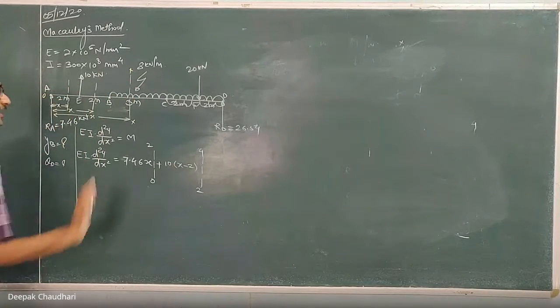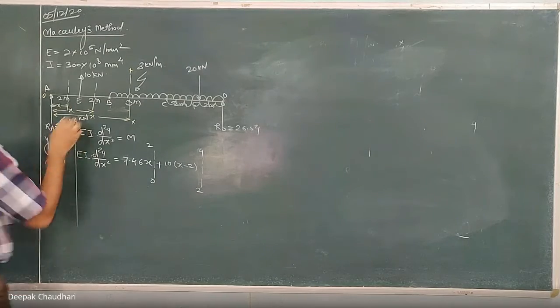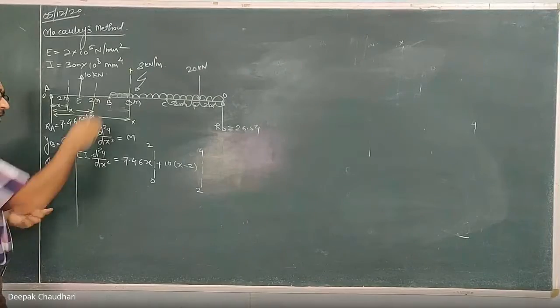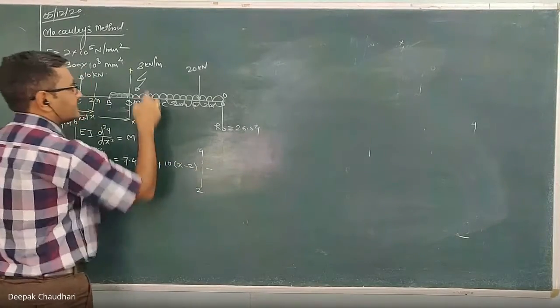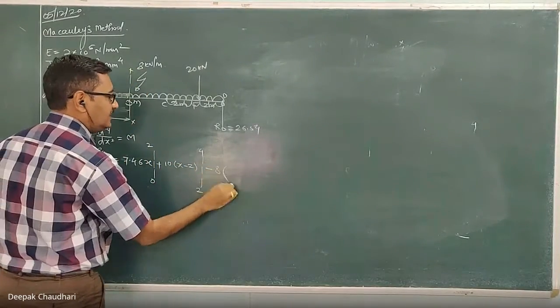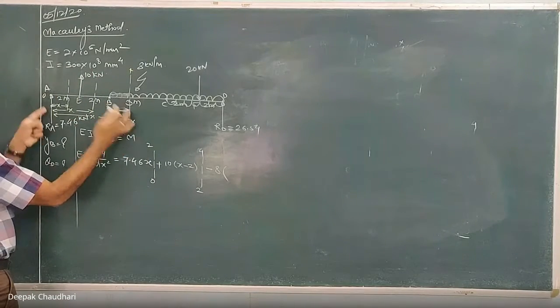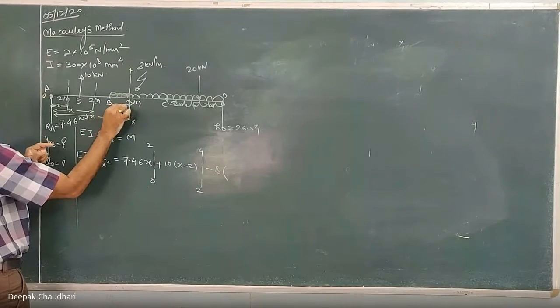The bending moment of this is already written. Now you have to add the bending moment of this UDL. It is producing the hogging bending moment, so it is minus. Intensity is 8 into the length over which it is spread. If this is x and this is 4, then this distance is x minus 4.